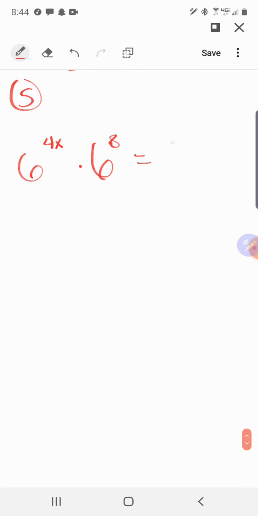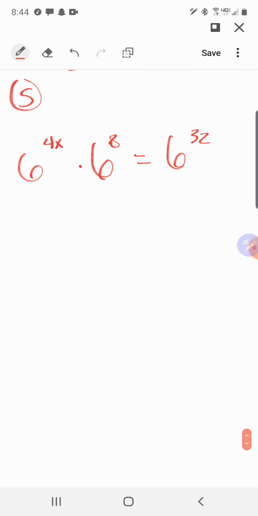Number 5. It says, what is a solution of x in this equation? So if I got 6 to the 4x times 6 to the 8th is equal to 6 to the 32nd. All right, we need to remember our law of exponents. The law of exponents says that whenever we are multiplying, we need to add the exponents.